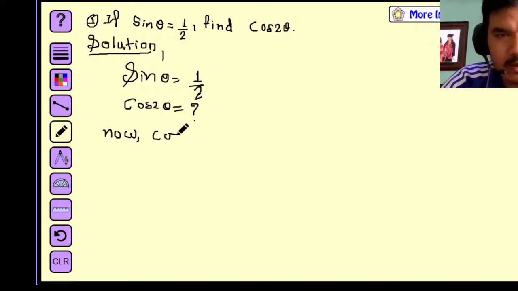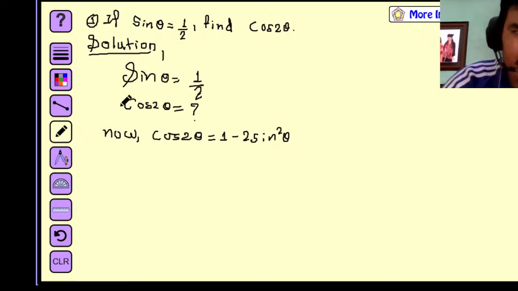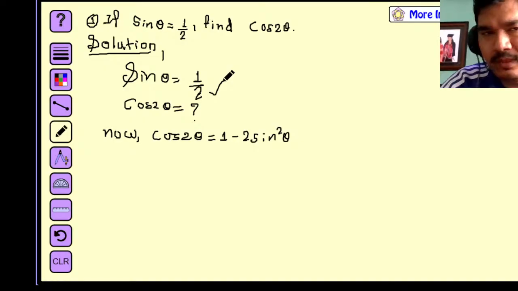Here is given cos 2 theta equals 1 minus 2 sine square theta. Why are we using this formula? Why don't we use another formula? Because the use of the formula depends on the given values.